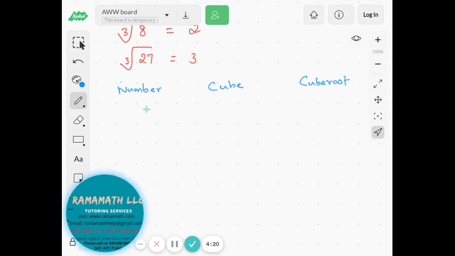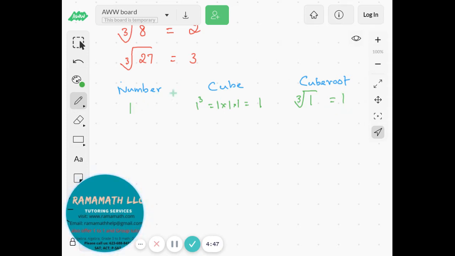Okay, so first let's take 1. The cube of 1 means 1 cubed, right? Which means 1 times 1 times 1, which is 1. And for the cube root, you write the cube root symbol like this, and then 1, that's going to be 1.